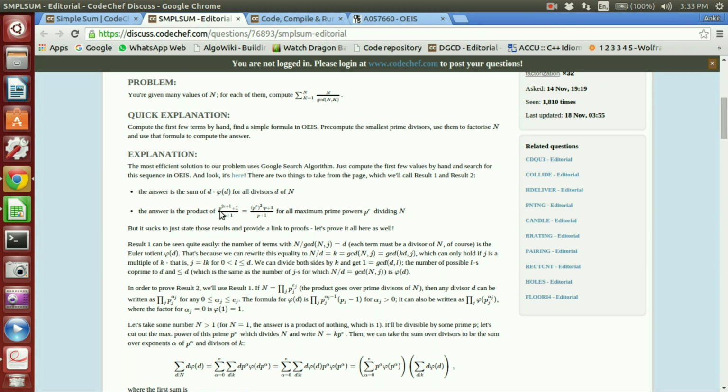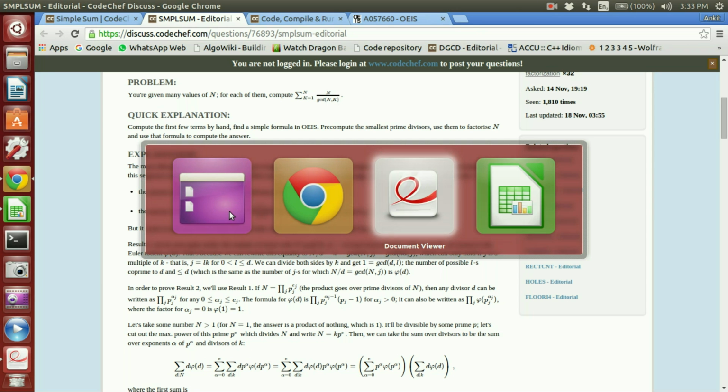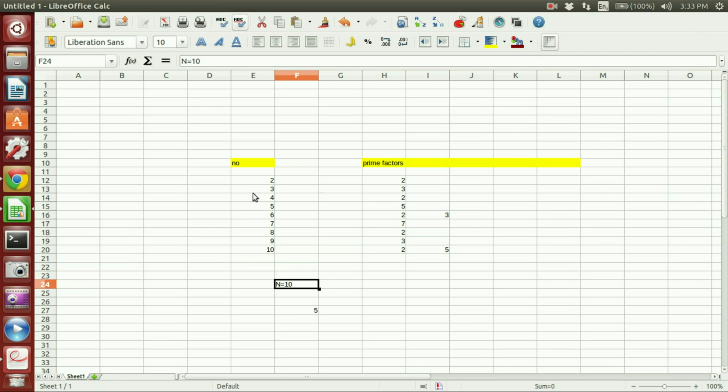So what is this formula? It is p raised to 2e plus 1 upon p plus 1, where p is the prime factors of n and e is the power of that prime factor. Now what is a prime factor? For 2, the prime factor is 2, right? All the prime numbers which divide the number.